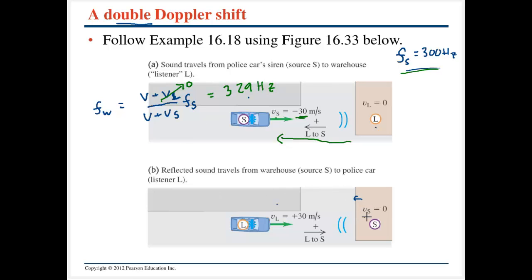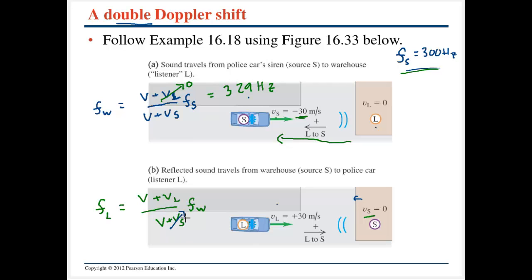Then the wall is going to act like a source that is not moving, and the police car is going to act as the listener. So the frequency of the listener, the cop car, is now going to be the velocity plus the velocity of the listener, the cop car, divided by the velocity plus the velocity of the source, multiplied now by the frequency that the wall is reflecting, 329 hertz.